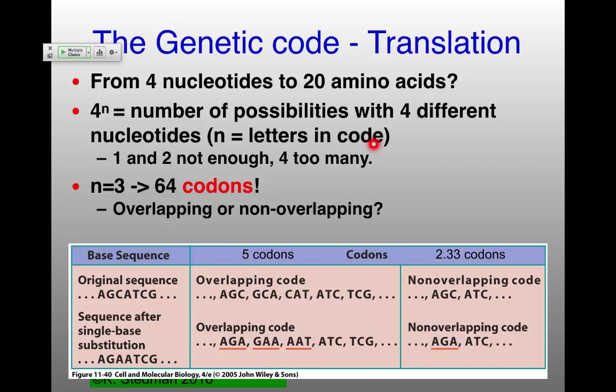If we've just got 4 letters, the nucleotide code, it's just 4 to the 1. If you're just using 1 in the code, you can only make 4 different amino acids. If you've got 2, you can make 16. If you've got 3, you can make 64. But 64 is way more than 20.